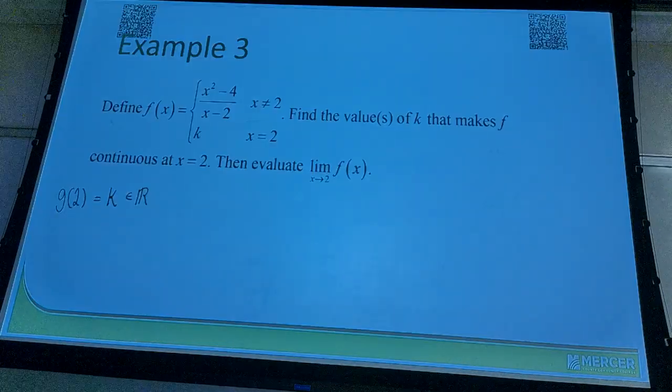The limit has to exist at 2. This is a not equals and an equals. So I can just look at the limit as x approaches 2 right off the bat.